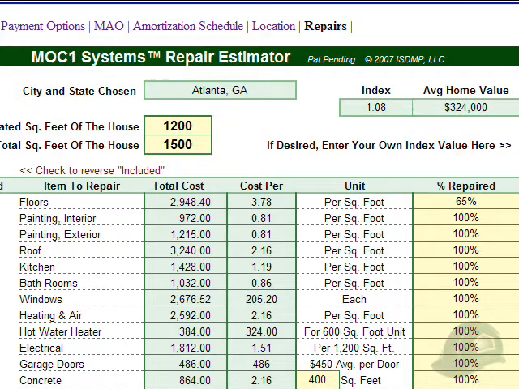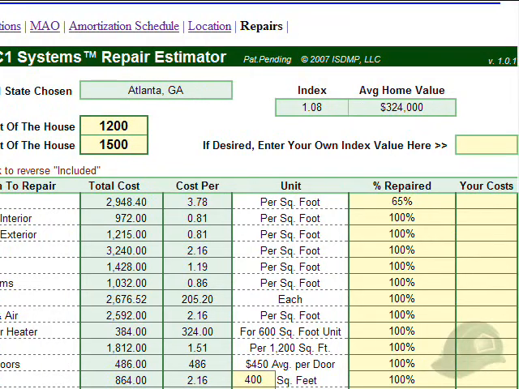Another neat feature is that move over here, and if any of these numbers are slightly different from what your actual experiences are, or what deals you may be able to get, or what your contractors charge, you can actually enter those numbers over here.